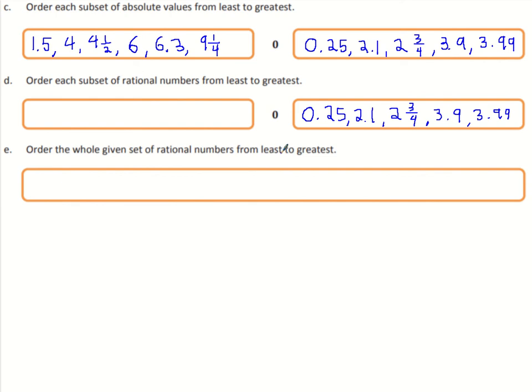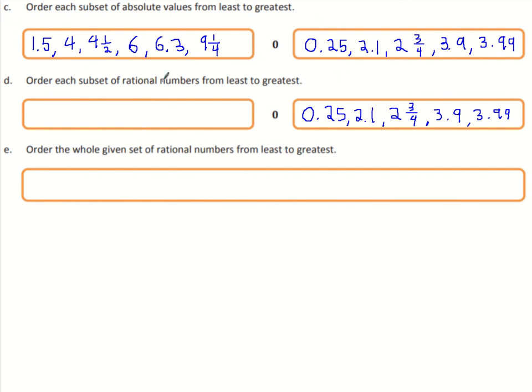So what we are going to do now is read that sentence. It says, as you approach 0 from the left on the number line, the integers increase, but the absolute values of those integers decrease. That means that the order of negative integers is opposite the order of their absolute values.